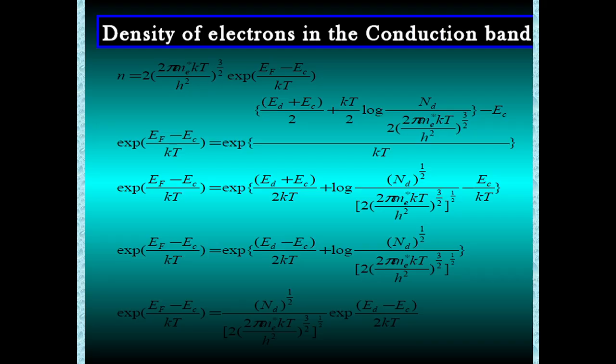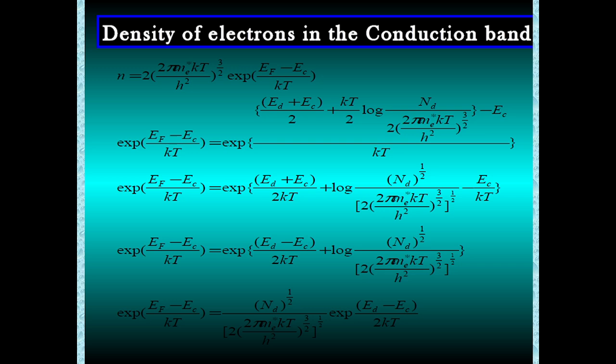Density of the electrons in the conduction band. We know that n = 2 (2πm_e kT/h²)^(3/2) exp((EF − EC)/kT). Now substituting the value of EF, we get exp((EF − EC)/kT) = Nd^(1/2) (2 (2πm_e kT/h²)^(3/2))^(−1/2) exp((ED − EC)/2kT).